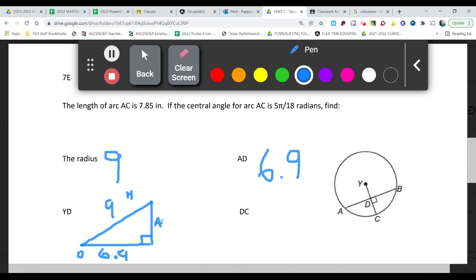Okay. So when we did AD, just to recap, we did 9 sine of 5 pi over 18. For YD it's going to be the same thing, but instead of sine, we're going to use cosine because we're going A over H now. So for YD, it'll just be 9 cosine of 5 pi over 18.